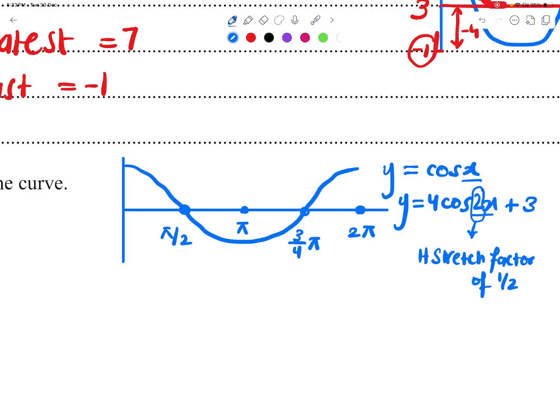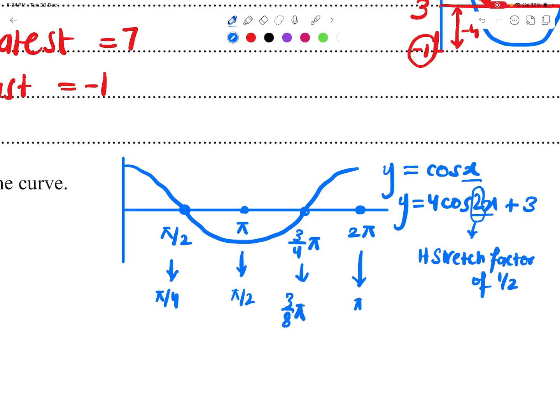That means that you will draw a graph of the same shape, but the intersection points will be halved. So this will become pi by 4, and this will become pi by 2, and this will become pi. And similarly for this point as well, this will also be halved. This will basically be 3 over 8 pi.